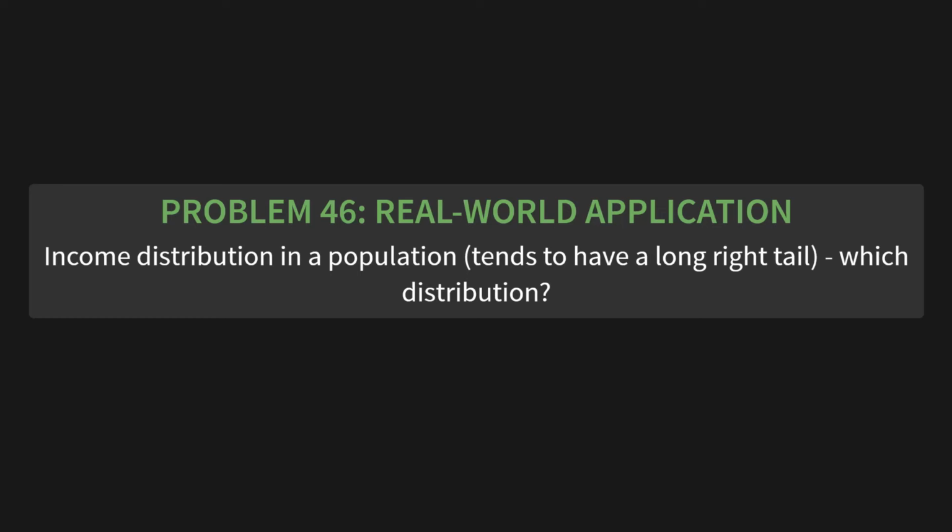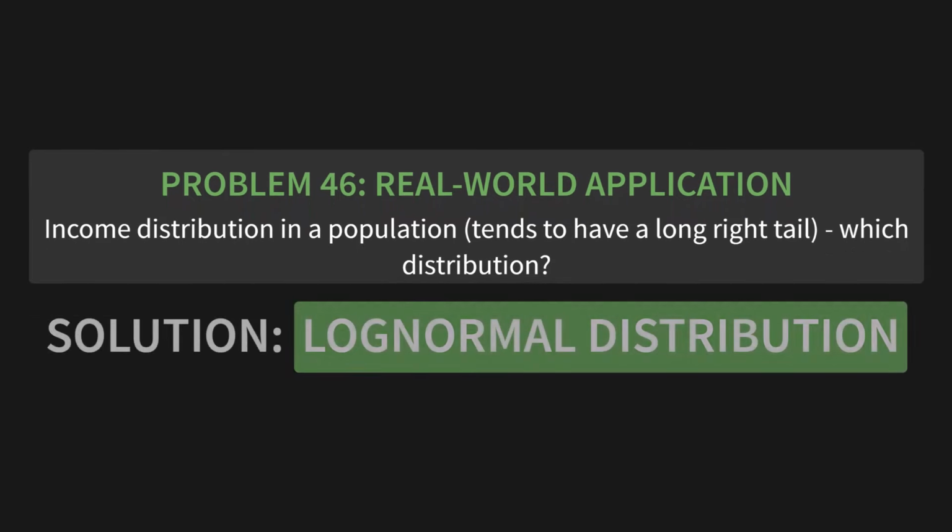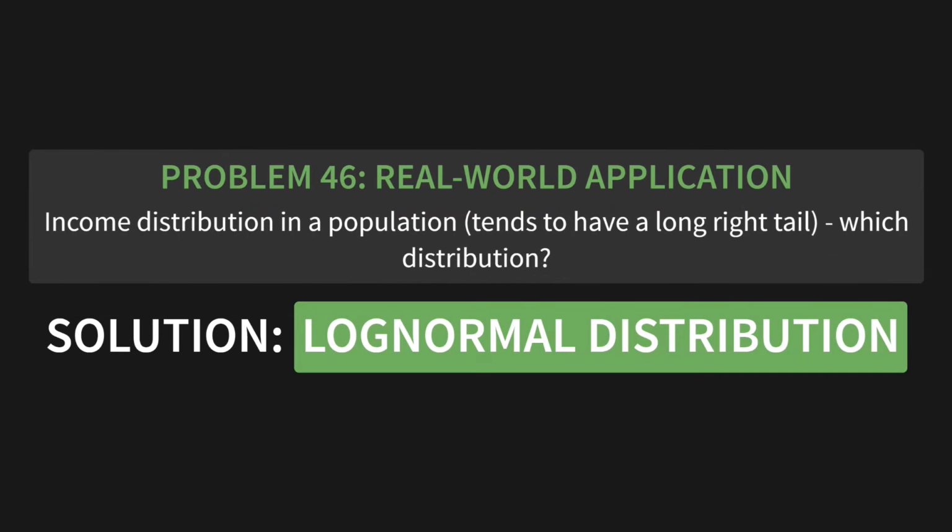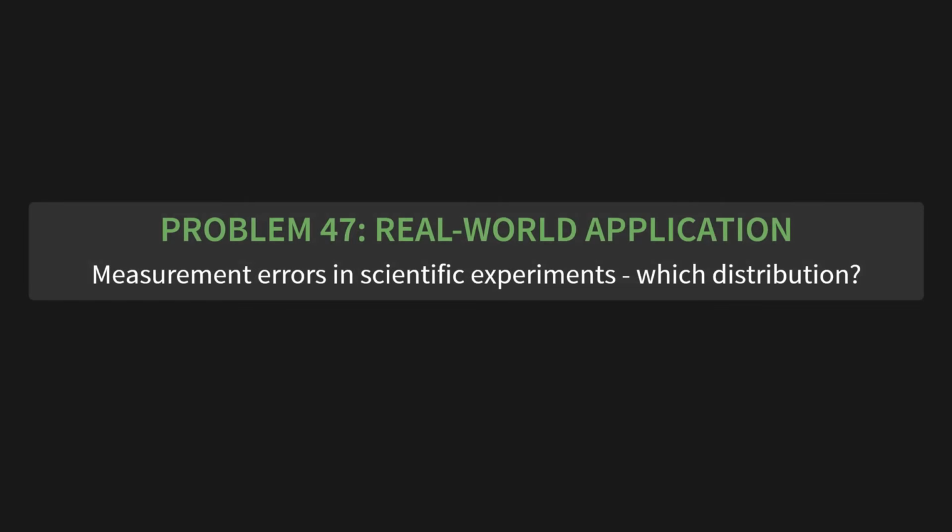Income distribution in a population tends to have a long right tail. Which distribution? Log normal distribution. Measurement errors in scientific experiments.